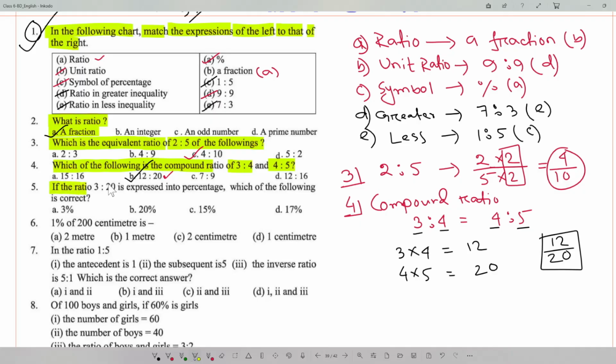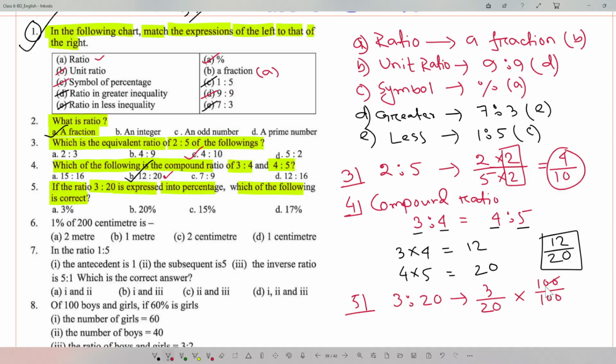Number 5, if the ratio 3:20 is expressed as a percentage, which of the following is correct? So 3:20, we can write 3/20, and if you want to make a percentage, it will be times 100/100.